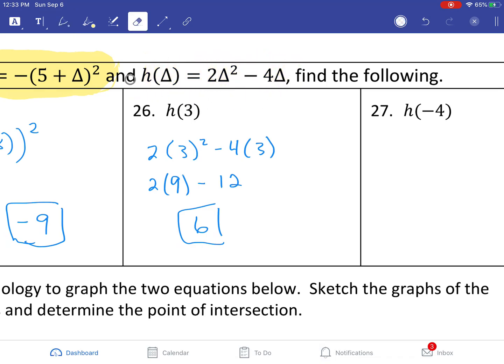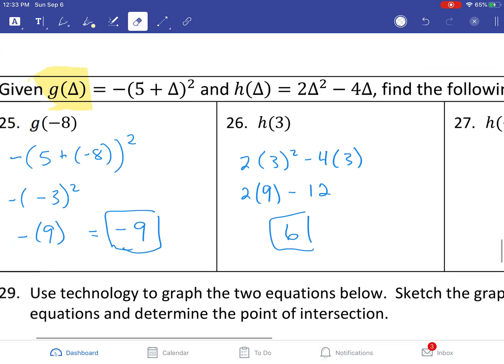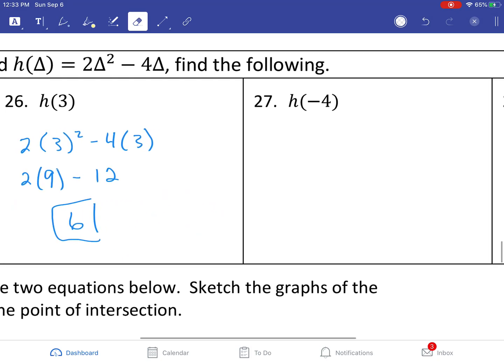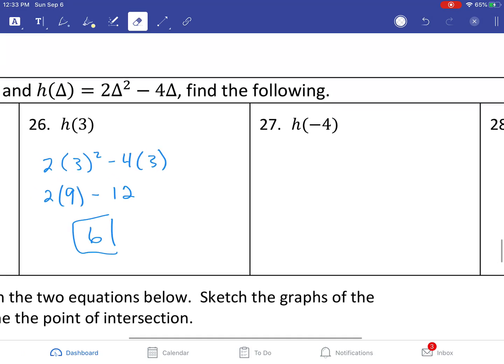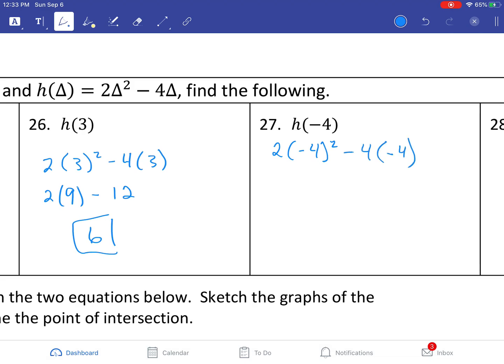Okay, let's erase these things for prettiness' sake. Next, we're going to put negative 4 in for the triangles for the h function. So we again have 2. We're going to put negative 4 in parentheses, square it, minus 4 times negative 4 again. So notice, everything is the same except I've replaced the triangles with a negative 4 in parentheses.